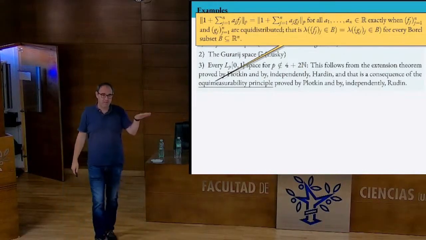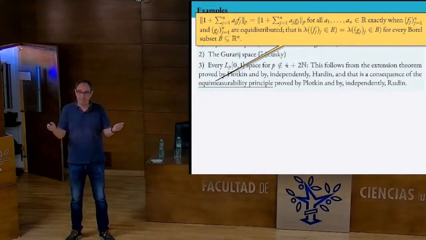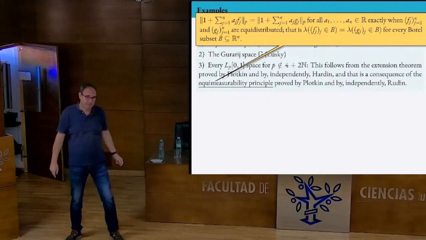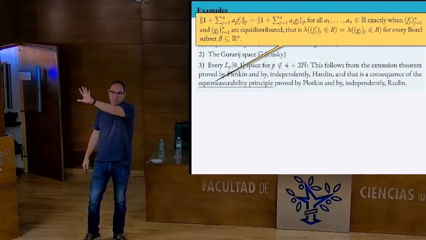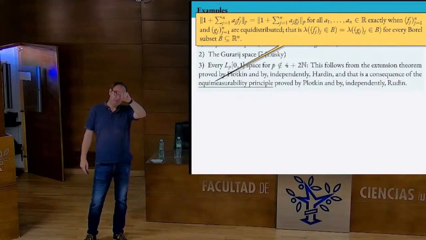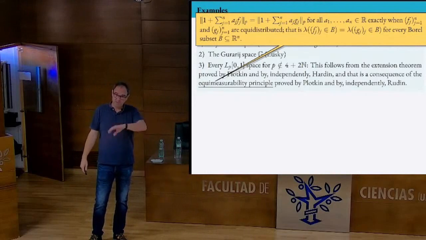It says that if you have f_1, ..., f_n and g_1, ..., g_n which are isometric in L_p, then the joint distribution they produce, so in R^n, given a Borel set, the probability of this Borel set will be the Lebesgue measure of the preimage by f_1, ..., f_n, and the same for the g's.